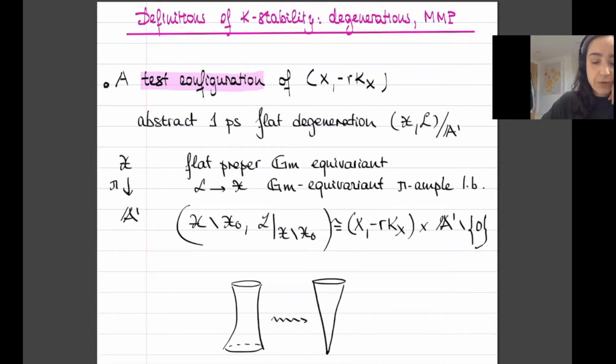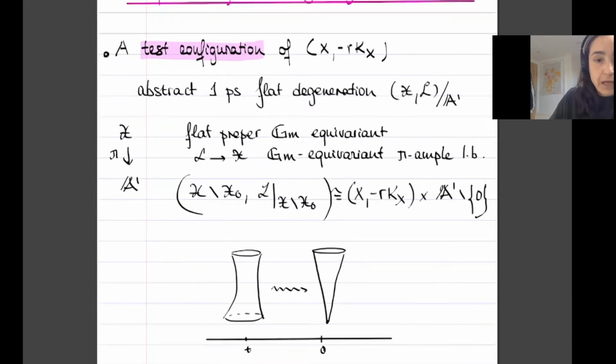So let me go back to the first definition of K-stability in terms of degenerations. A test configuration of X, −rK_X, where r is an integer, is an abstract one-parameter subgroup flat degeneration. So this is a pair (𝒳, ℒ) over A¹, where 𝒳 is a family over A¹. So 𝒳 has a flat proper G_m-equivariant morphism π to A¹. ℒ over 𝒳 is a G_m-equivariant π-ample line bundle.